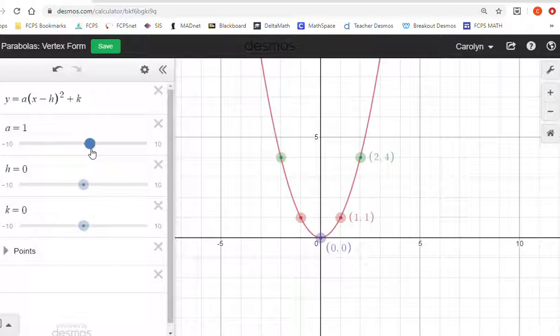Okay. Can you graph y equals 2x squared? That's your parent. Can you graph y equals 2x squared? How would those points change? You can leave your parent on the graph. How would they change?